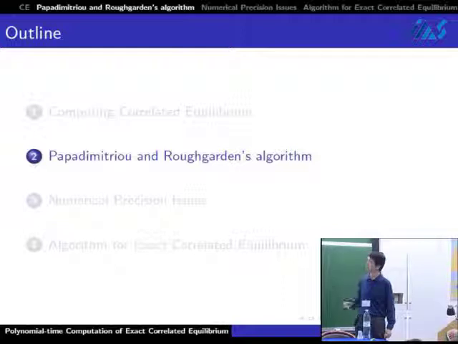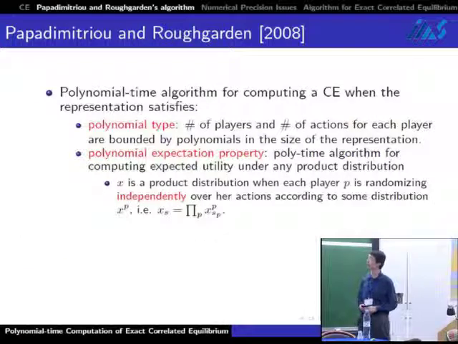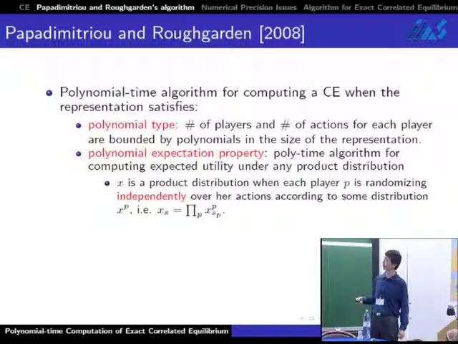So now we introduce the Papadimitriou and Roughgarden algorithm. So in this landmark paper in 2008, they introduced a polynomial-time algorithm for computing a correlated equilibrium when the representation satisfies two conditions. One is polynomial type, which means your number of players and number of actions per player are bounded by polynomials in the size of the representation.